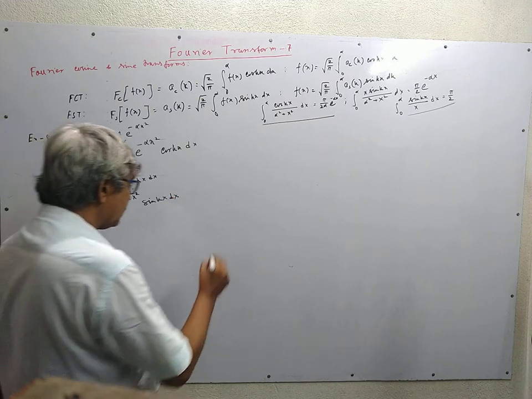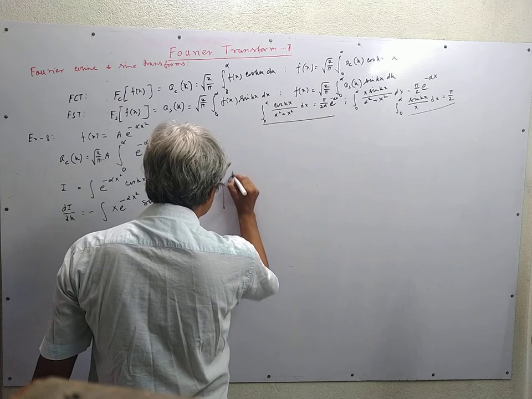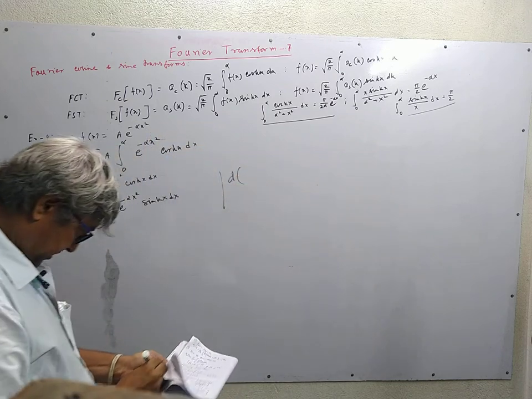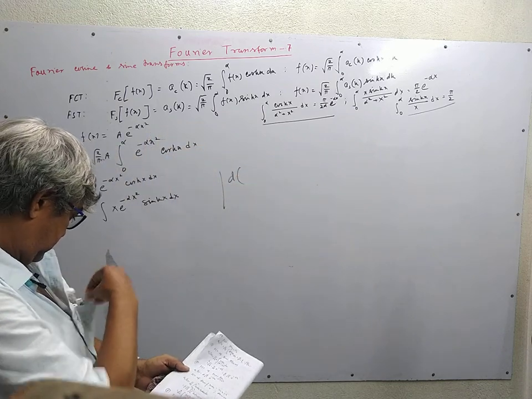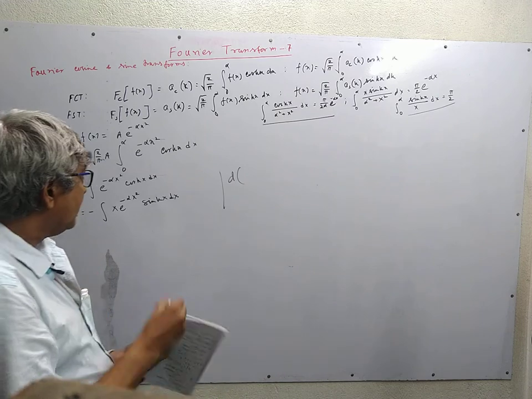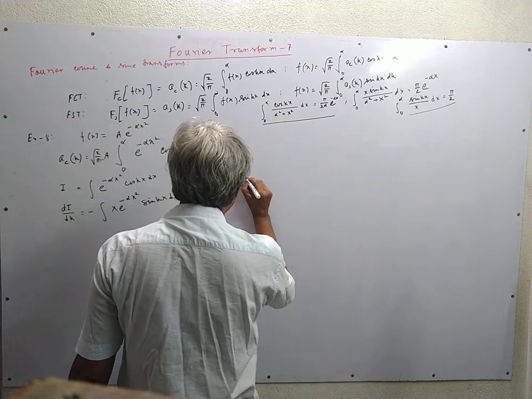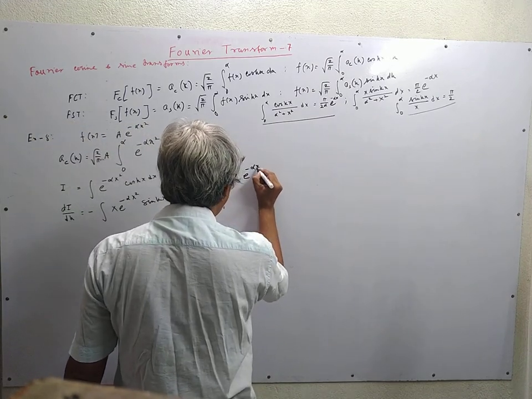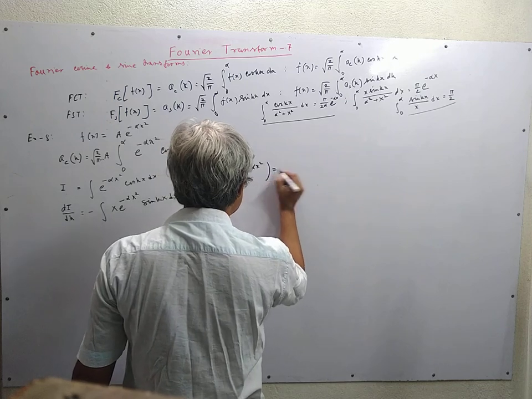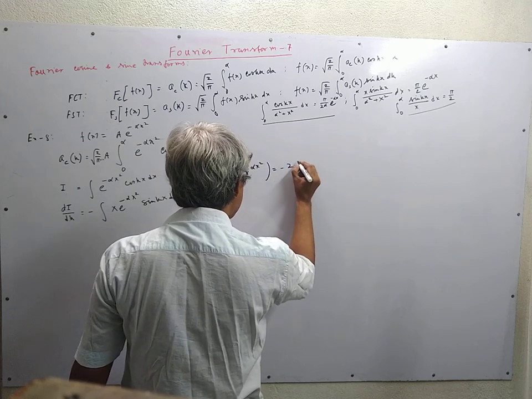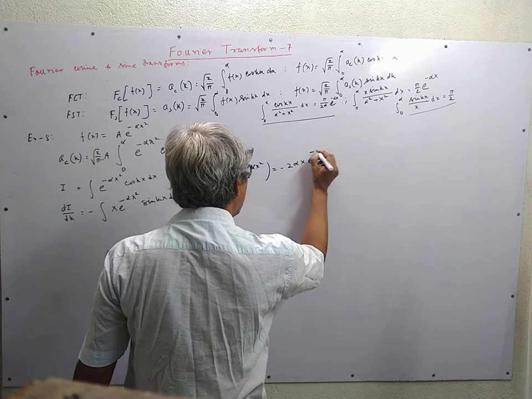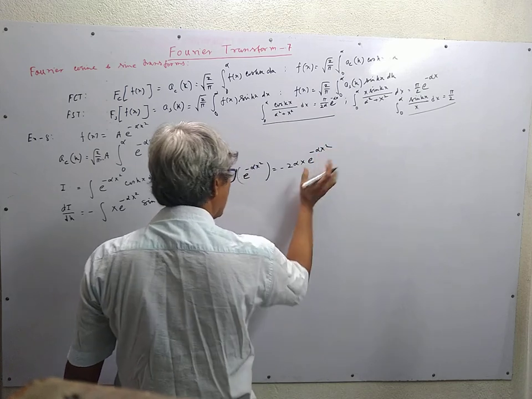Now if we take the differential of this, d of e to the power minus alpha x square is equal to minus 2 alpha x e to the power minus alpha x square.